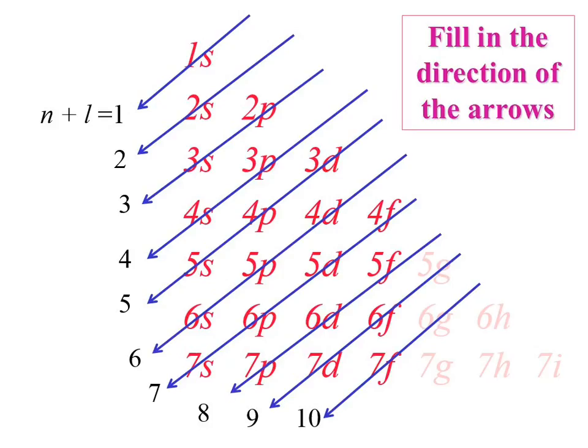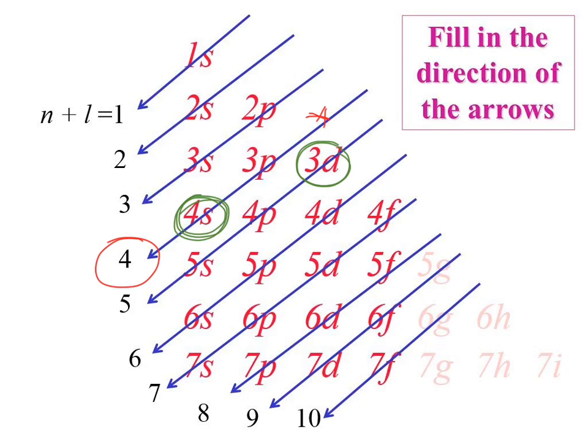It's not magic by any means. Okay? So these are the n plus L values that we talked about. But again, you start at the top of the arrow and you go down. Right away, you can see that's why, according to the n plus L rule, we're going to go 4s before we go 3d.